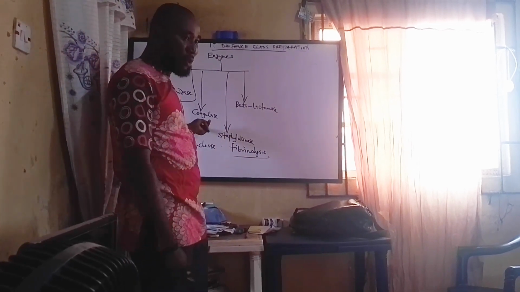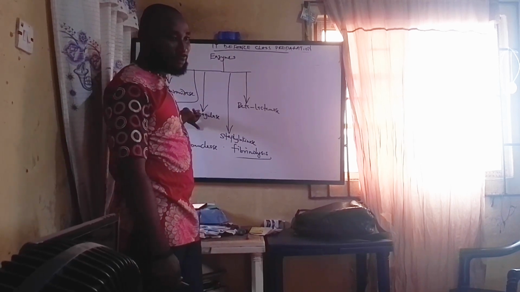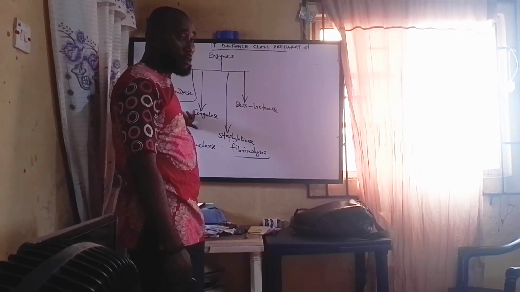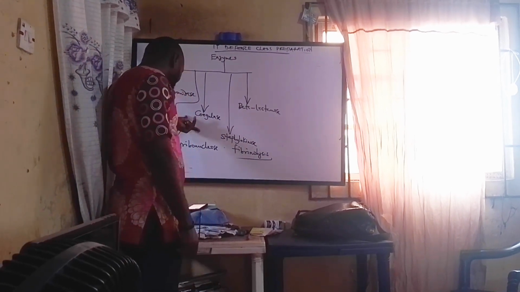Another one is coagulase. Who can remember this coagulase? We have done it in the lab before, to test for what? For staph. So this is an enzyme that staph uses to convert fibrinogen to what? Fibrin.